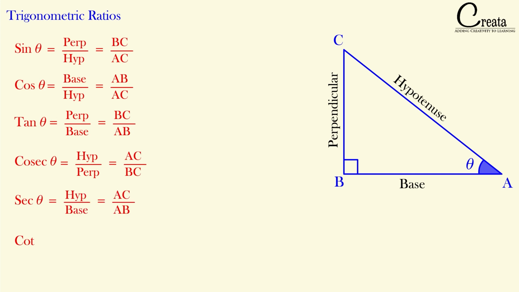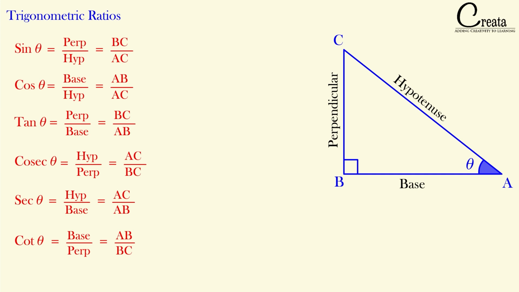Sec is the ratio of hypotenuse upon base, and cot is the ratio of base over perpendicular. So we got cosec as AC upon BC, sec as AC upon AB, and cot as AB upon BC. These are the 6 trigonometric ratios you should remember in the sequence, that is sine, cos, tan, cosec, sec, and cot.